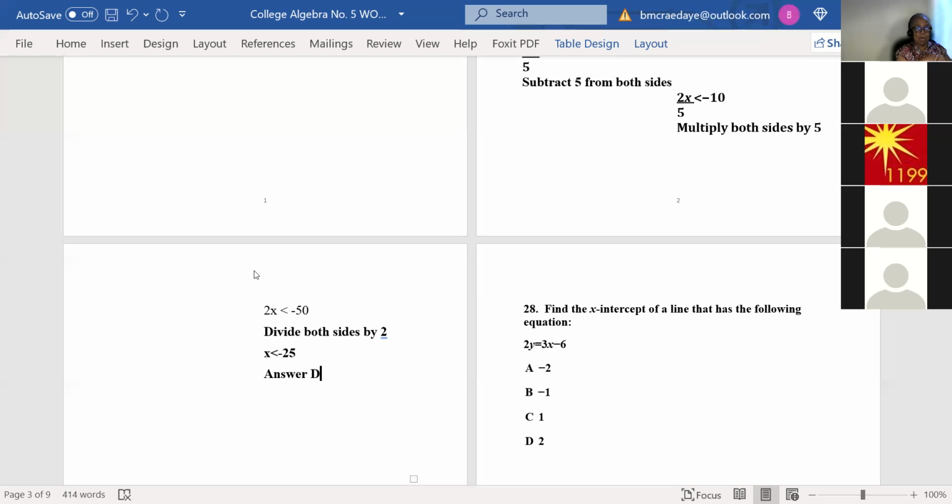This wasn't one, Latoya, where you reverse, because we weren't dividing by a negative. You reverse when you're dividing or multiplying by a negative number. Questions? That was 26. Answer D.